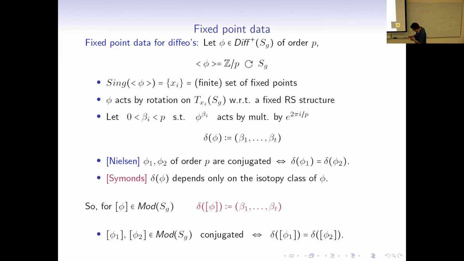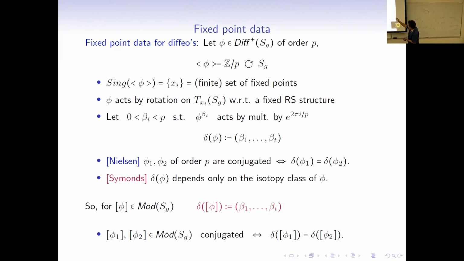So at every fixed point, the diffeomorphism acts by rotation with respect to some fixed Riemann surface structure, right? And well, you can raise this generator to a certain power beta_i, so that this power acts exactly by rotation by 2 pi i over P, right?